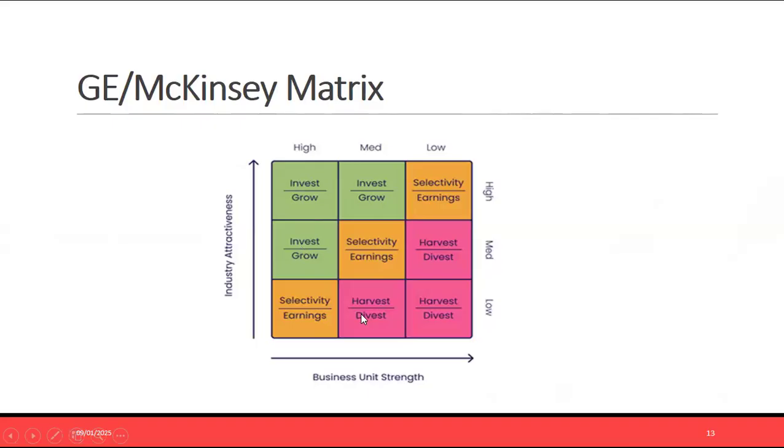And then for the reds, you either harvest or you divest. If you check the yellow, which is in the middle, the decision is not clear. So you have a low-high, or both industry attractiveness and business strength being medium, or low industry attractiveness with high business unit strength, or high industry attractiveness and low business unit strength.